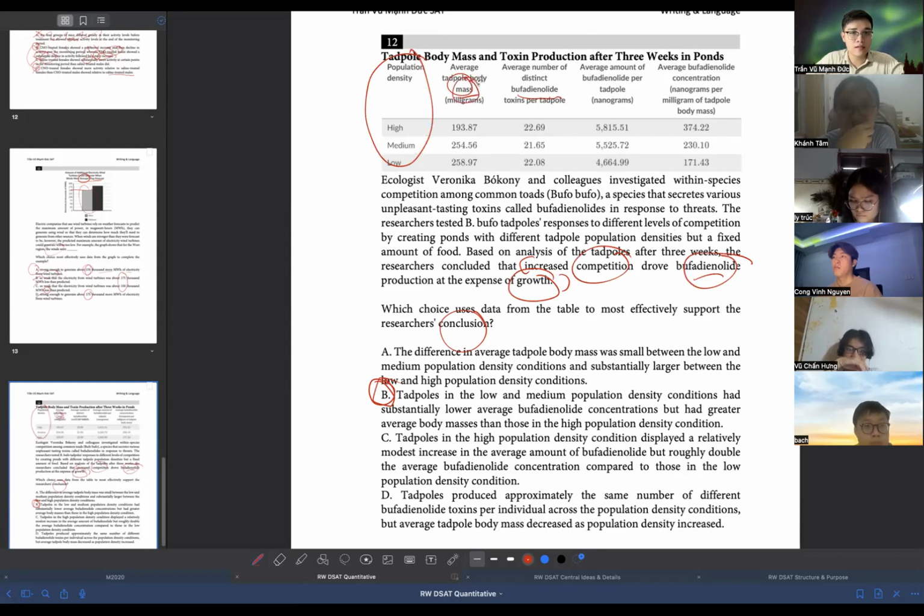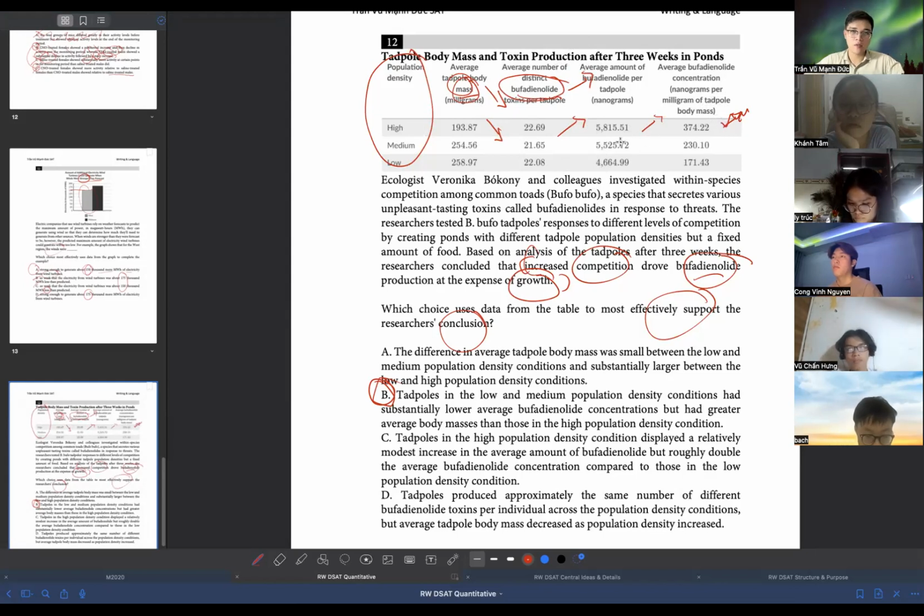This is the number that indicates the growth. So if this is supporting, we have to find the one that is true. We're looking for the numbers that indicate the B factor, the B toxin, will be increased, right? Increased drove production. This one will increase and this one will decrease. So as a result, in higher density, this one will decrease and this one will increase. Oh, this one is concentration.